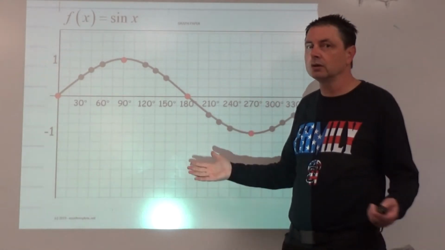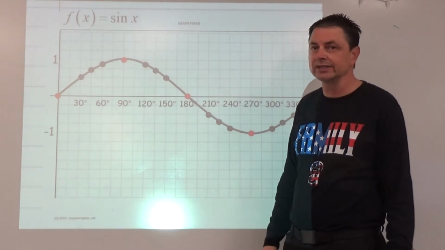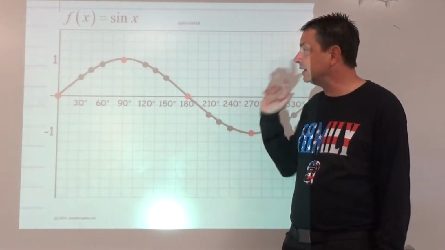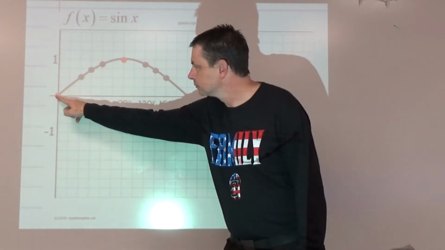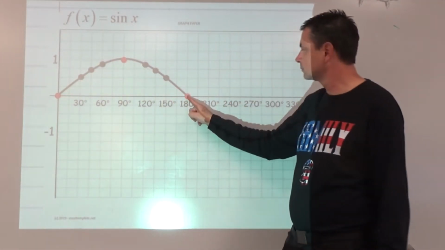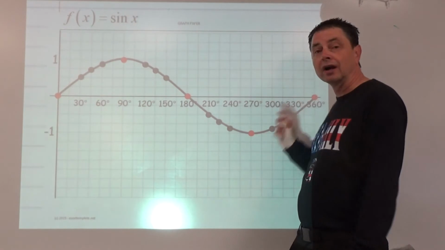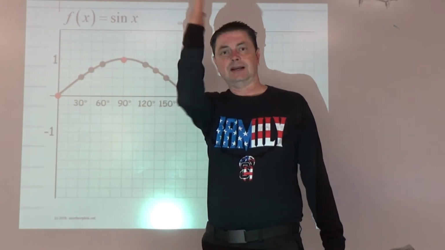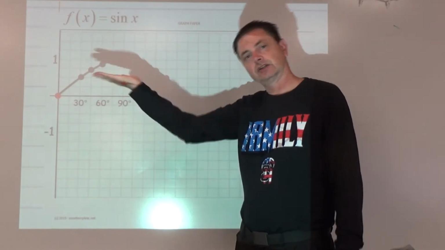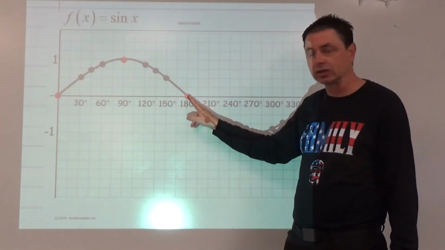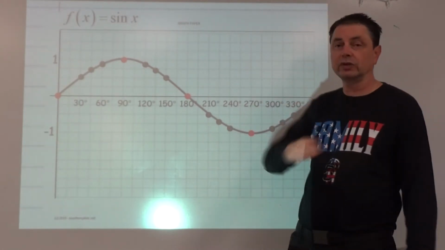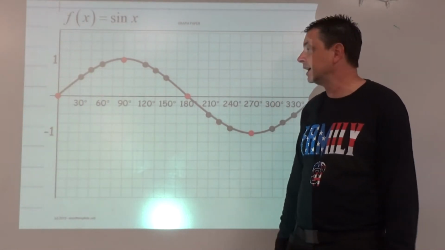Now when we graph the sine function every time, we don't need all these points. We're going to go with key points. The key points occur at our quadrant angles: 0 degrees, 90 degrees, 180 degrees, 270 degrees straight down, back to 360 degrees straight to the right.